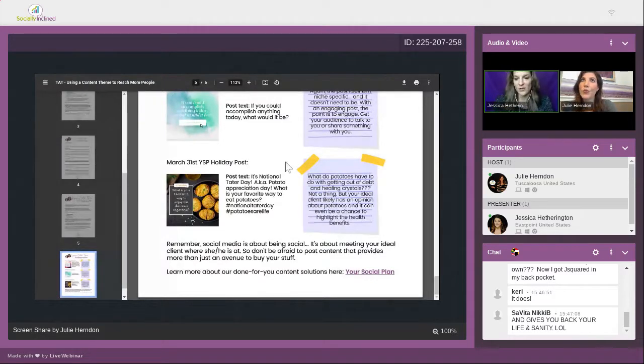Right. Yes, your life and your sanity. When you can spend less time on these, you can work more on what Deanne just said, like the long posts, the ones that are the sharing, storytelling type posts that are going to also help you with know, like, and trust. And those are such a huge part of social.